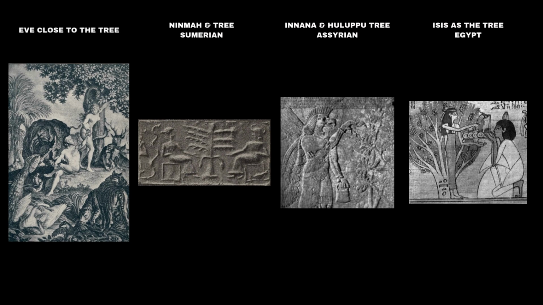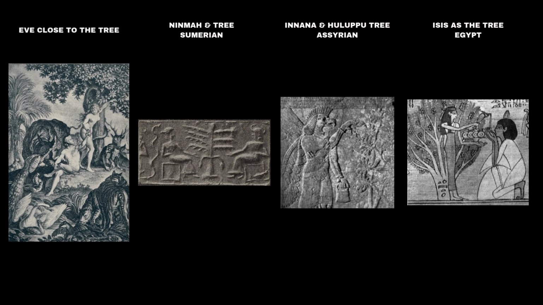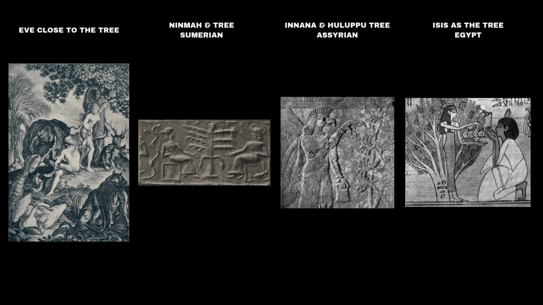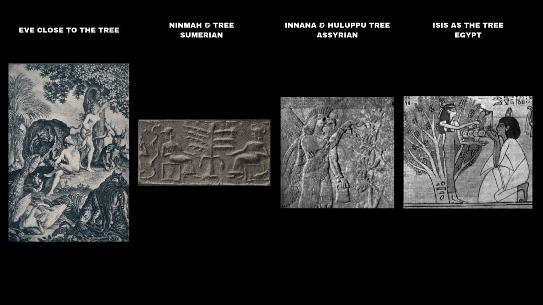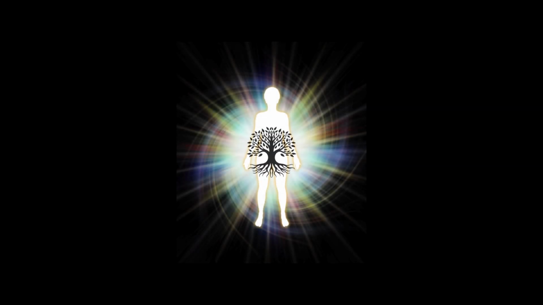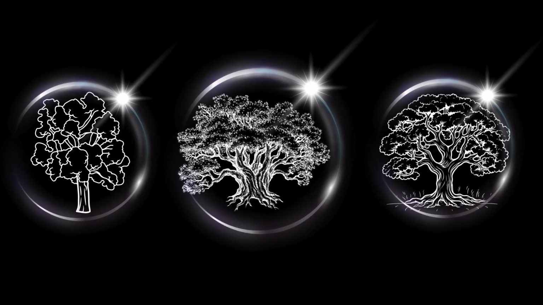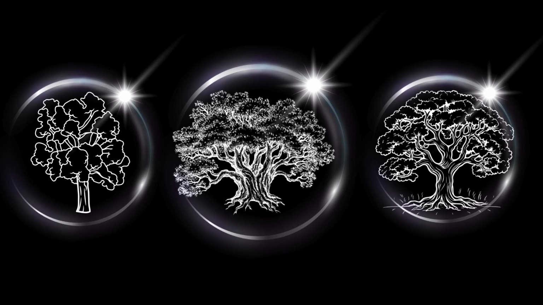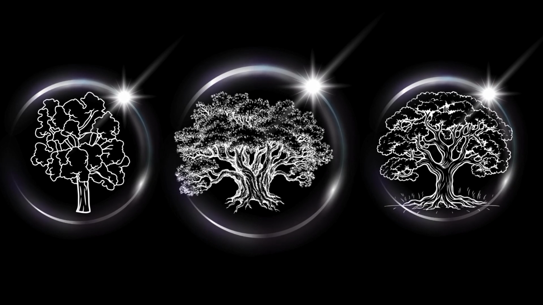Why is it that the female is seen in a lot of iconography close to the tree? The tree represented the figure of higher intelligence. So even those who believe in a god, or that the ancients believed in a god, the symbol of their god was the tree, various types of trees.